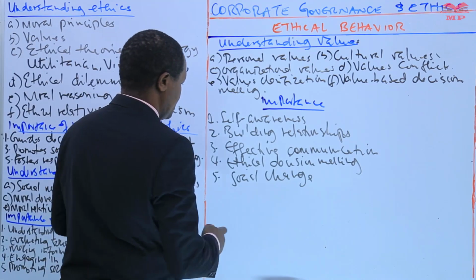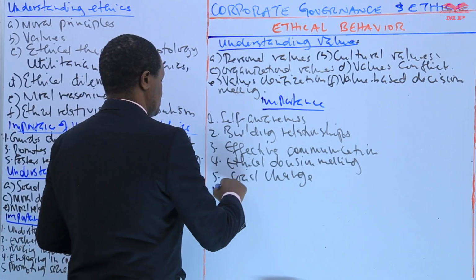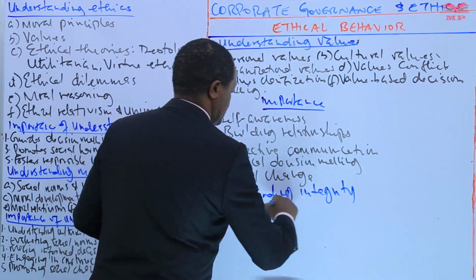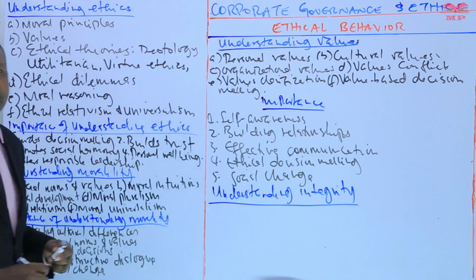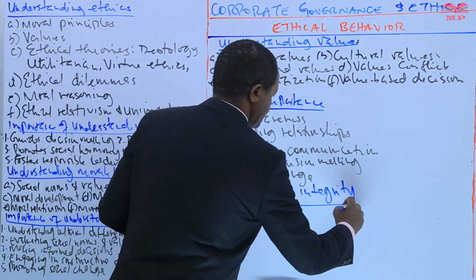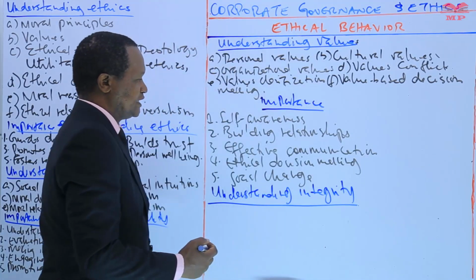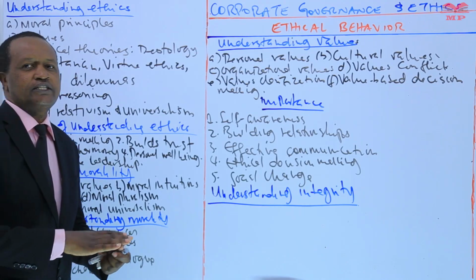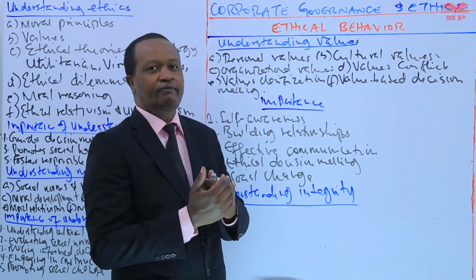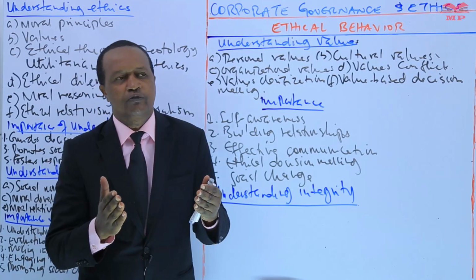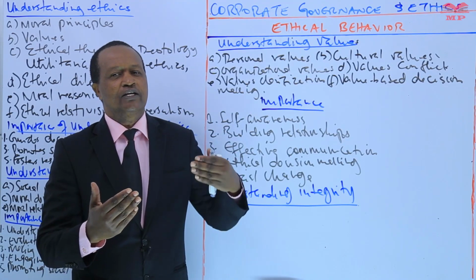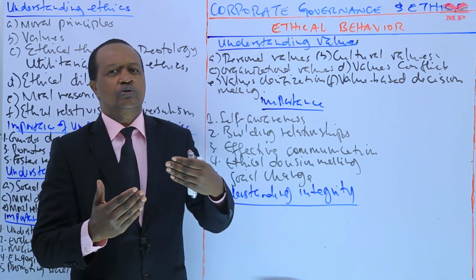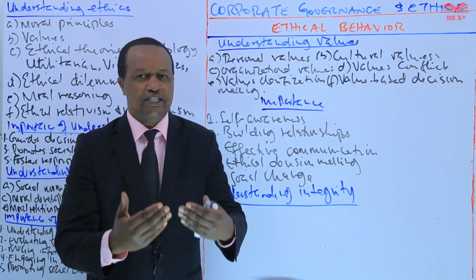Then lastly, we are going to study understanding integrity. Integrity is a core principle of ethical behavior, and it refers to the quality of being honest, having strong moral principles, and adhering to those principles consistently.